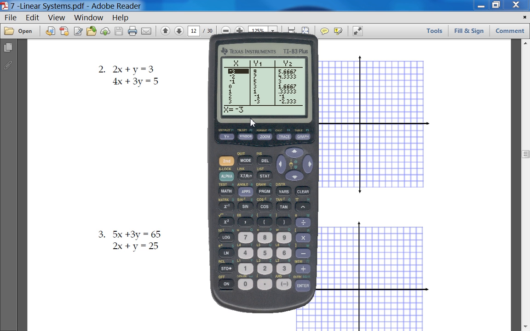And then for the second graph, I would probably use a couple of perfect points, maybe this one here and this one here. So when x is negative 1, it's 3. And when x is 2, it's negative 1. And then I'd connect those two like this. And the point where it crosses was 2, negative 1, which was right there.